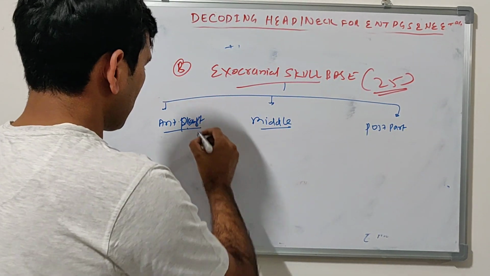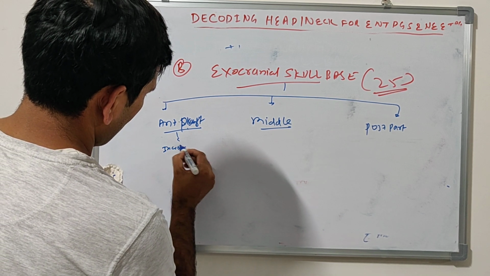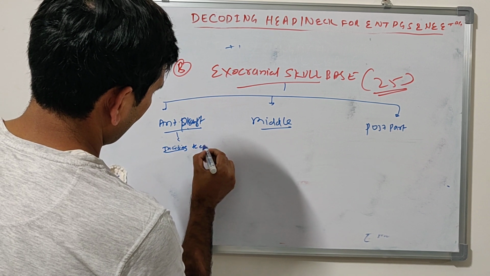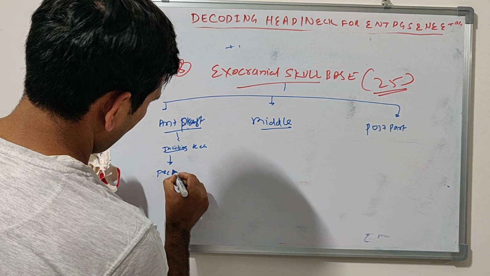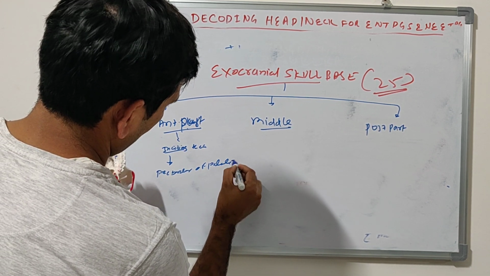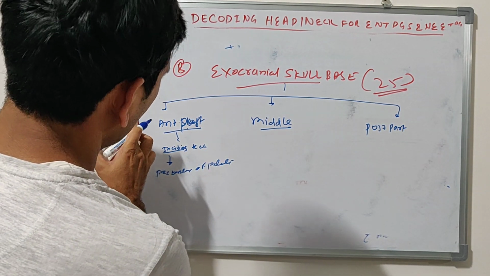The anterior part extends from the incisor teeth to the free border of the hard palate.